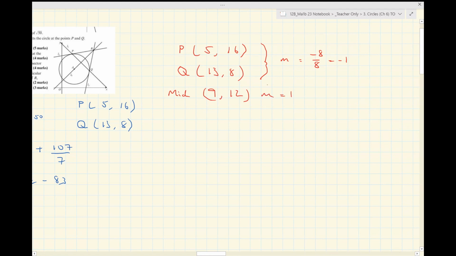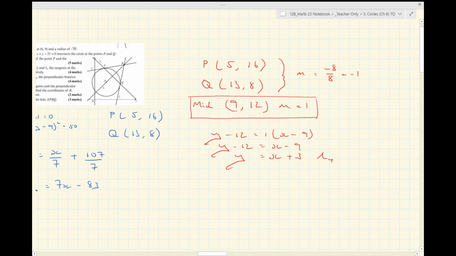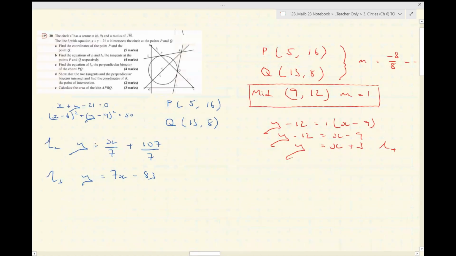So I'm going to write down the equation of a line which goes through the point 9, 12 and has a gradient of 1. y minus 12 equals 1 times x minus 9. Add 12 to both sides. y equals x plus 3. So that is the equation of L4, the perpendicular bisector of PQ.